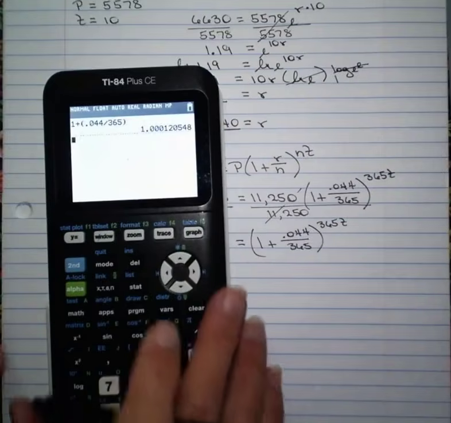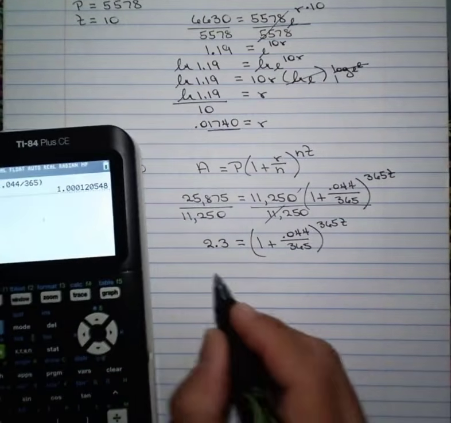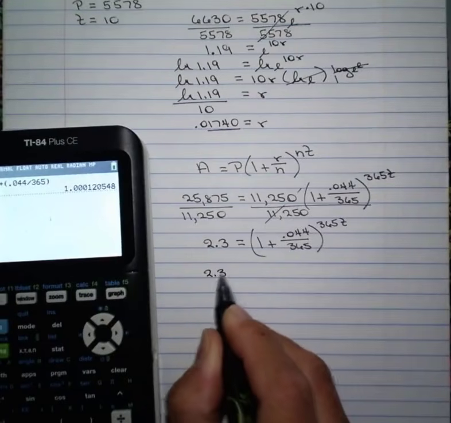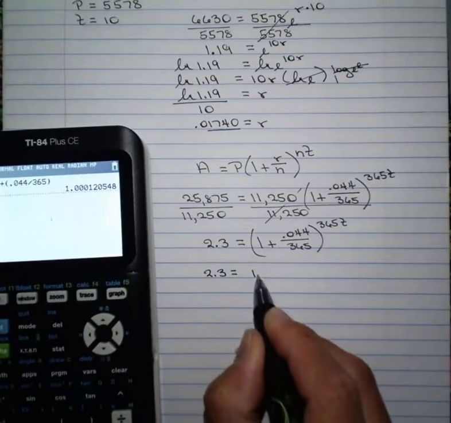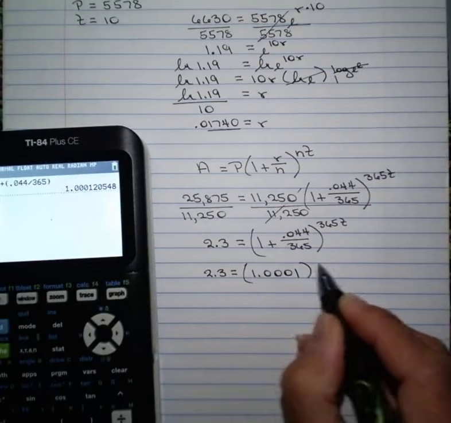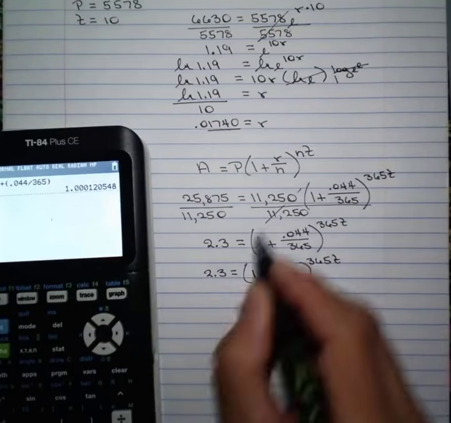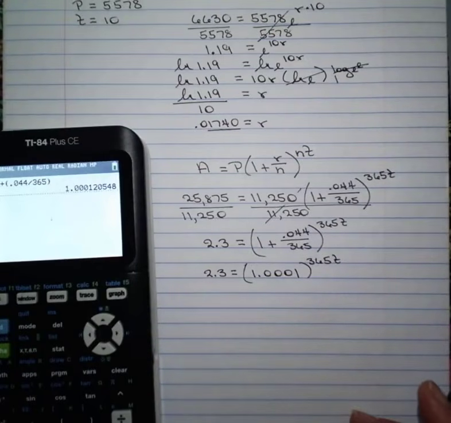It's a very long repeating decimal, but we're going to make it a little bit simpler on ourselves this time. We're going to say this is 2.3 equal to 1.0001 raised to the power of 365t. This is really just one number inside there, so there's no sense in us keeping it so busy. Let's go ahead and simplify it like that.